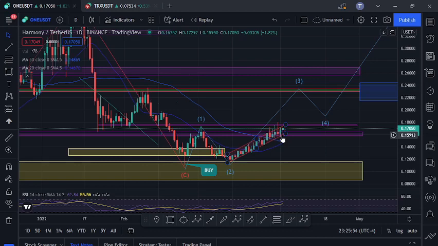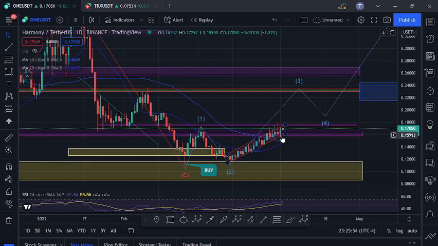Once we have that retest we can unlock even higher prices for Harmony One and go to this blue target that I have up here, between the $0.21 mark and around the $0.24 mark.